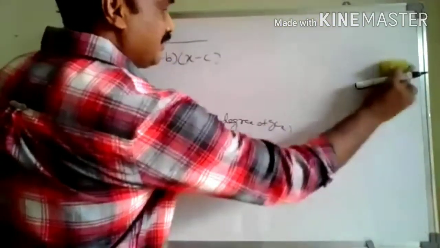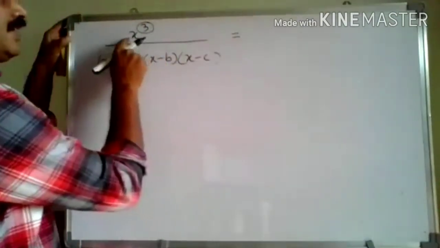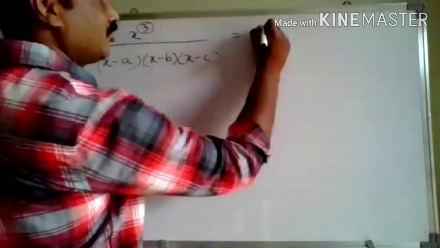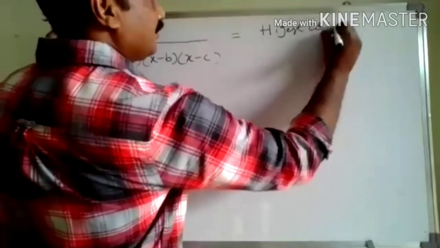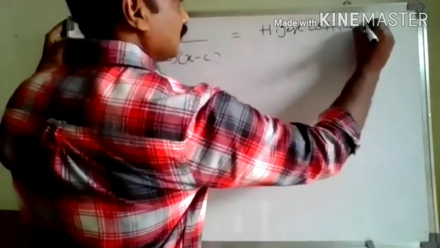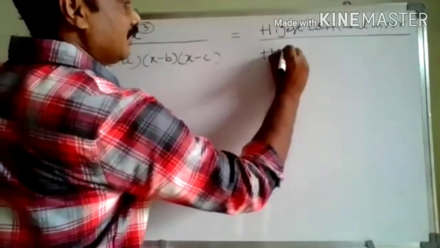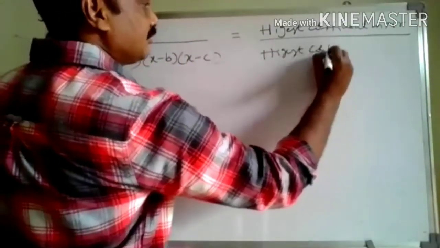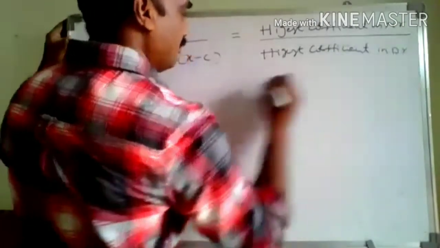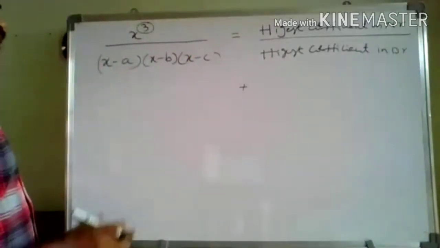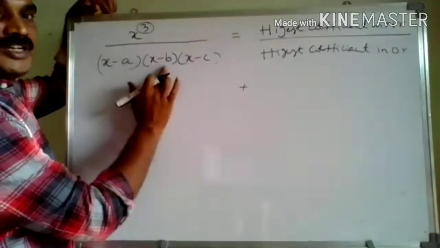First, highest coefficient in numerator by highest coefficient in denominator, plus f of x by x minus a into x minus b into x minus c.